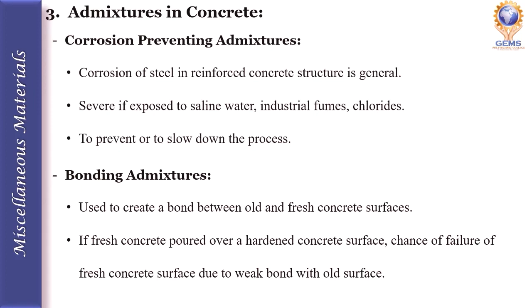To improve the bonding between the fresh and the old concrete surface, we use bonding admixtures. So these are the admixtures used in concrete to improve their performance or properties.